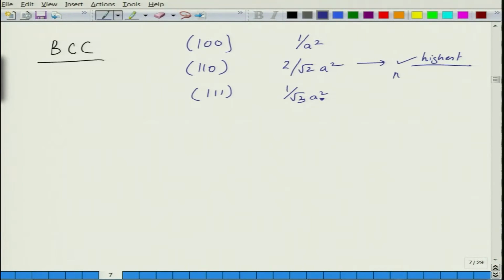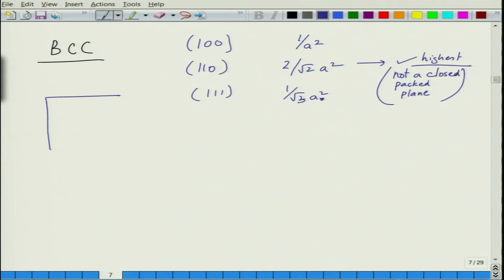Closed packed planes means the planes in which atoms touch each other, these are the closed packed planes. So, this is not a closed packed plane, but it does have a closed packed direction.